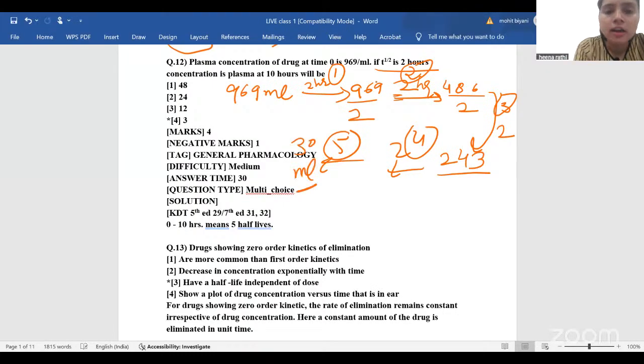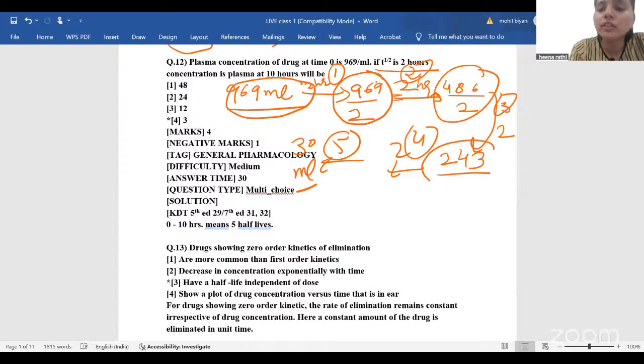It means after the first half-life, the plasma concentration is reduced to half. Then after the second half-life, it is going to be reduced to this half. After the third, it is going to be this. And after the 4th and 5th, the concentration will be this. Because after every half-life, the concentration of the drug is going to be half.